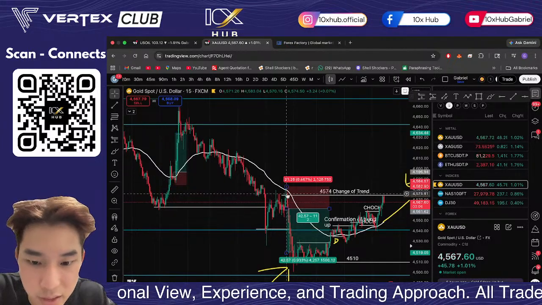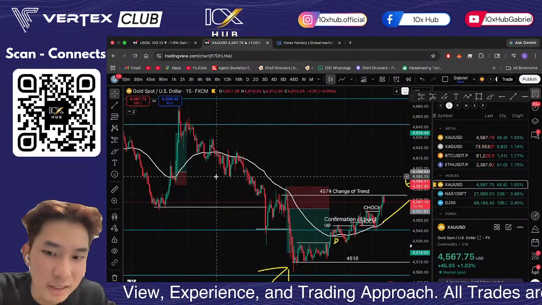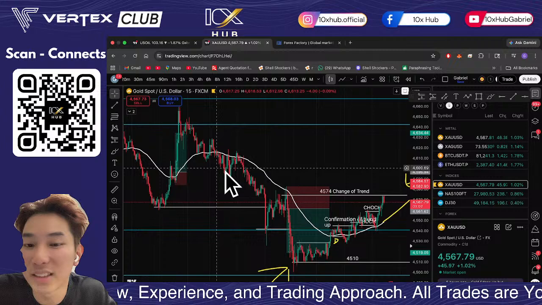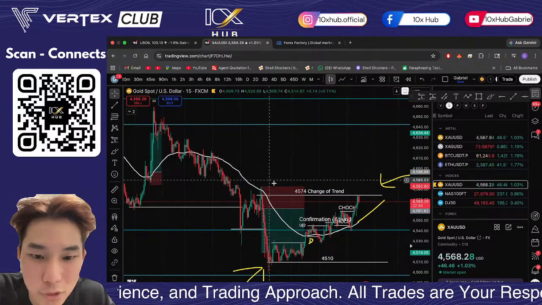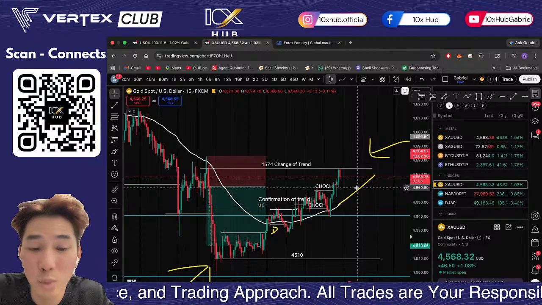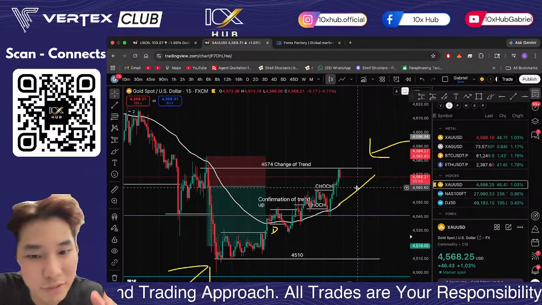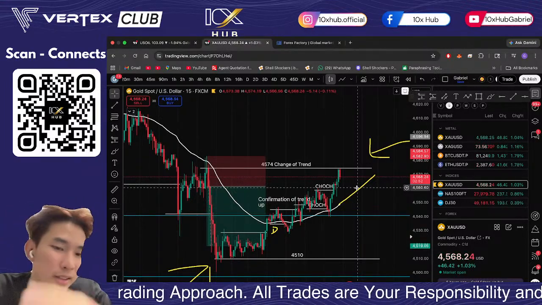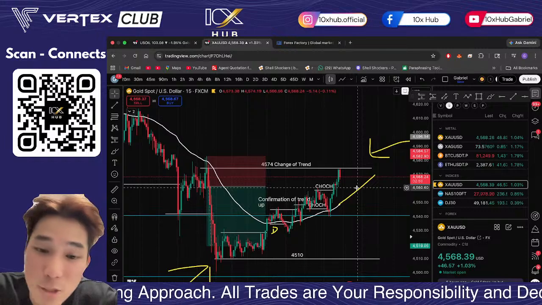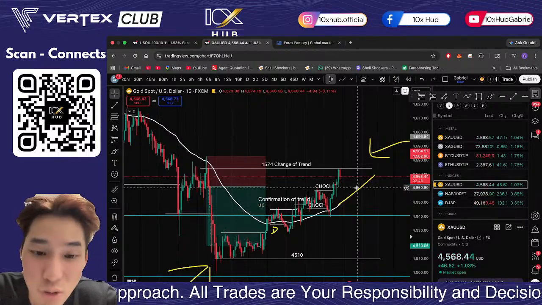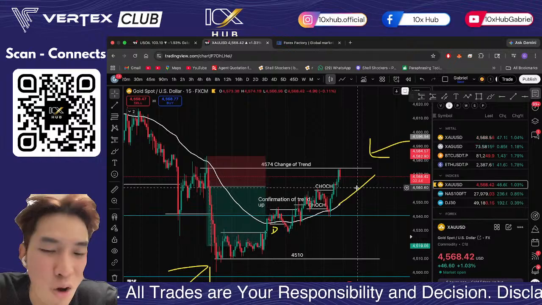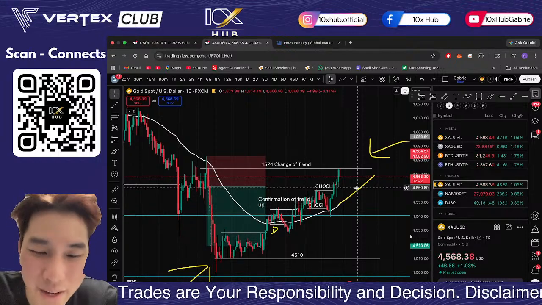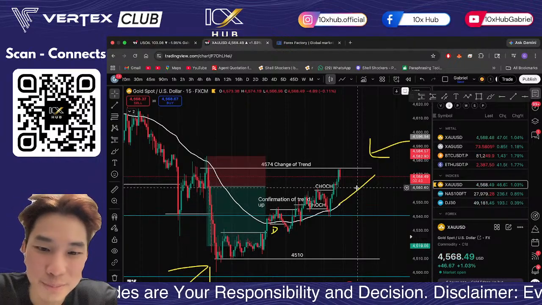This is the 1st of May and this is the 4th of May, because in the middle is a holiday. So one order per trade, and hopefully today we can do a long entry. If today we do not have an entry, then we have to wait for tomorrow. It's okay. Not every day has an entry setup, and we don't force an entry setup. We wait for an entry setup.